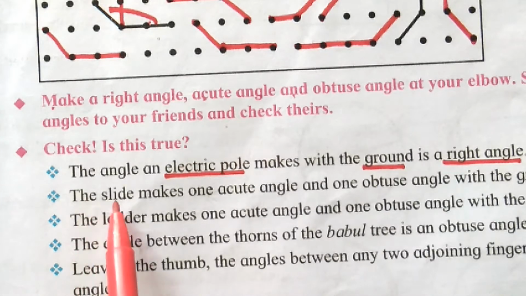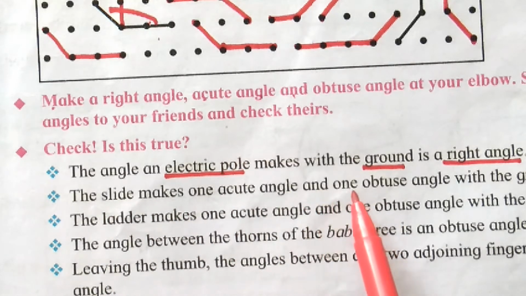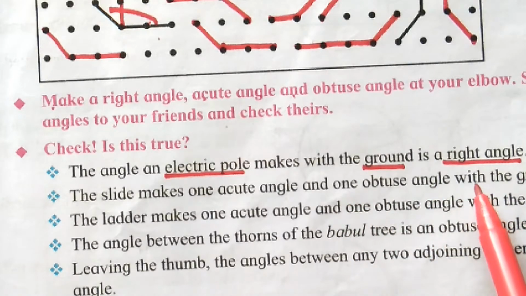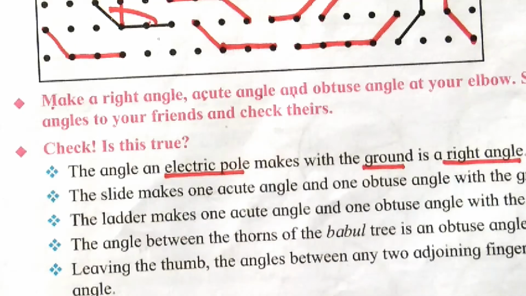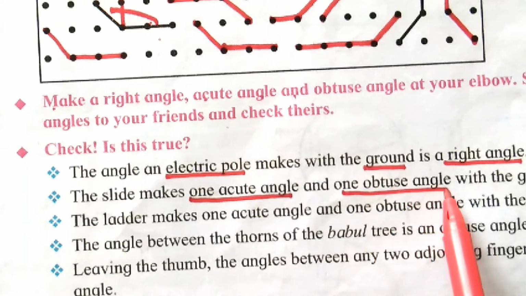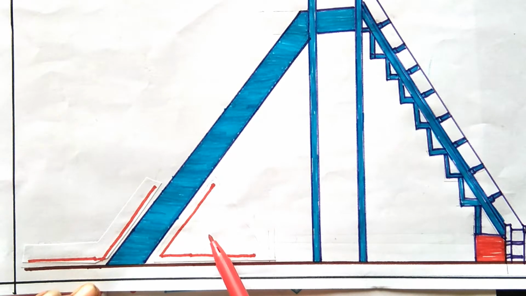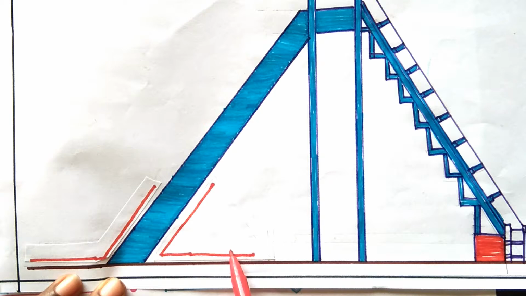Next is, the slide makes one acute angle and one obtuse angle with the ground. Children, we learned it. What is given? Slide makes one acute angle and one obtuse angle with the ground. Children, as I taught you, in this slide the distance between these two lines grows smaller than a right angle.